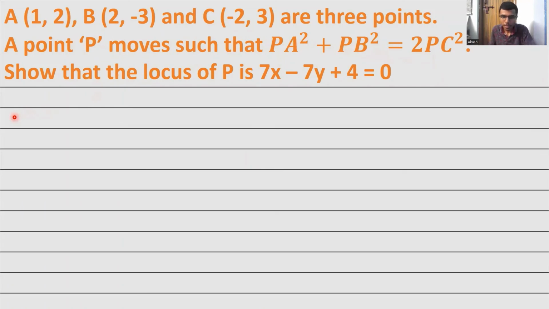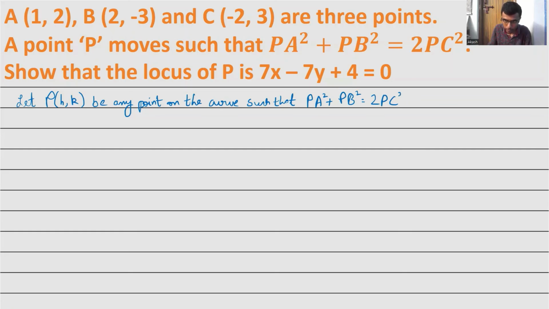Okay. Your first thing needs to be: let P(h, k) be any point on the curve such that PA square plus PB square is equal to 2PC square.